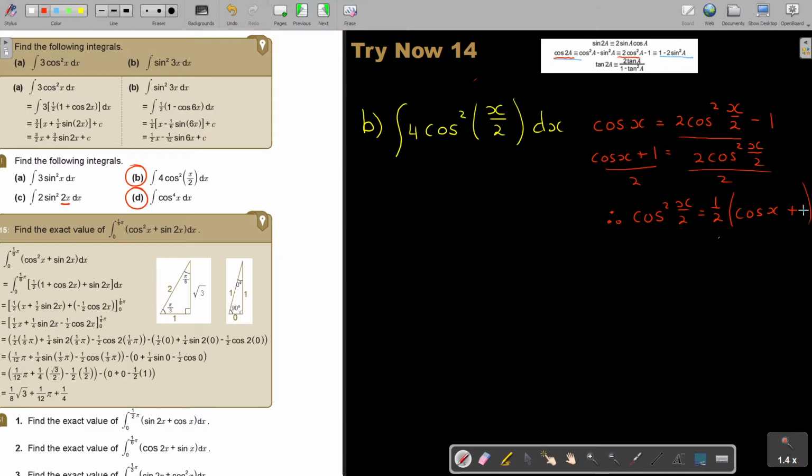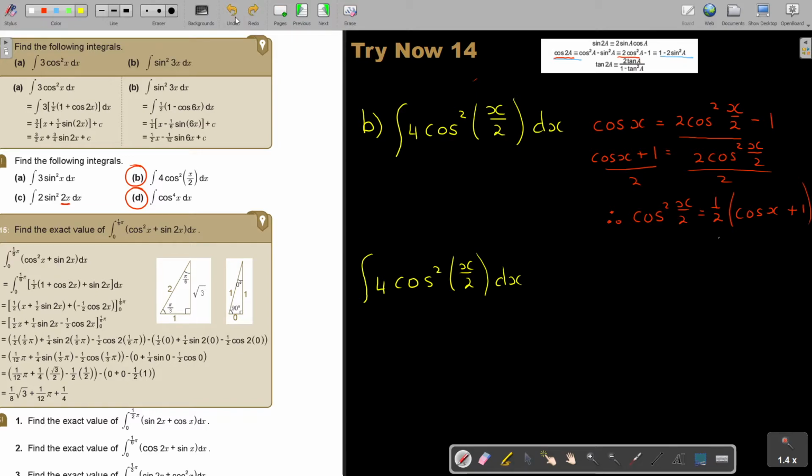Okay, so basically, this is going to be my approach. So let's just start. I'm going to say, remember, 4 cos squared x over 2, and remember your way of writing is important.